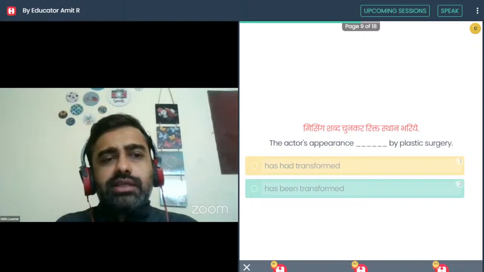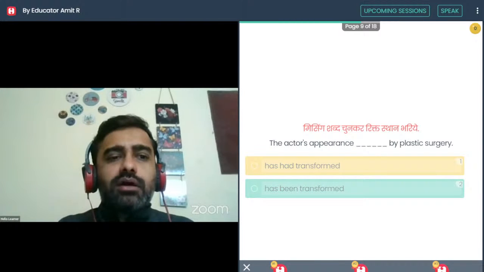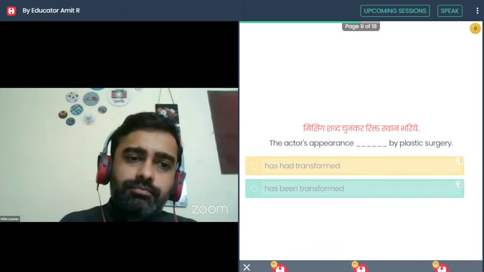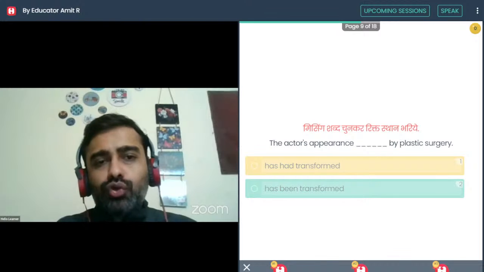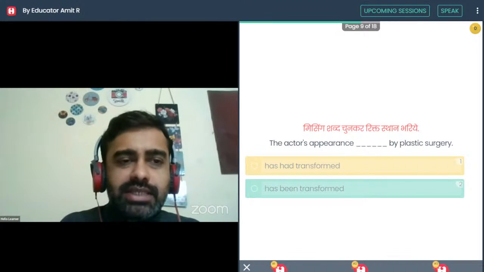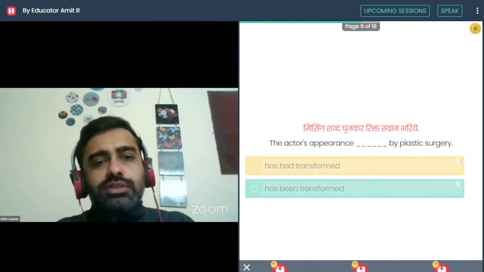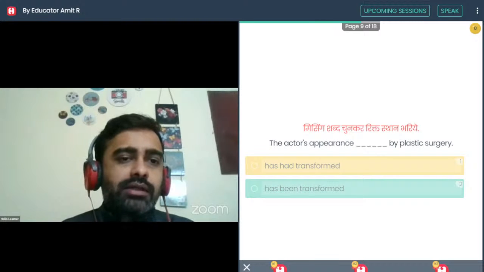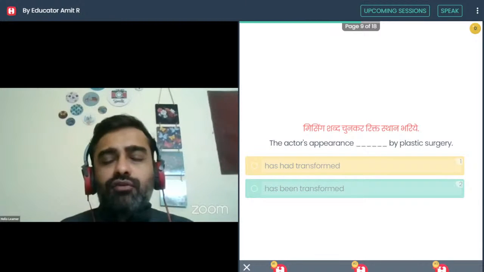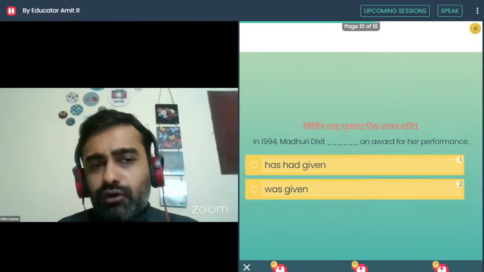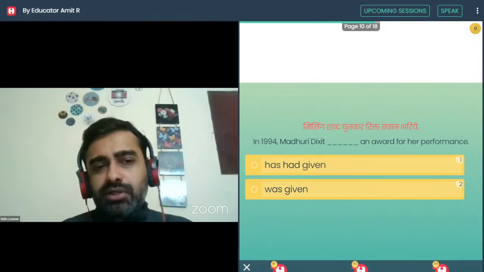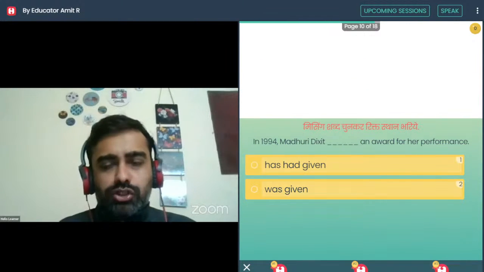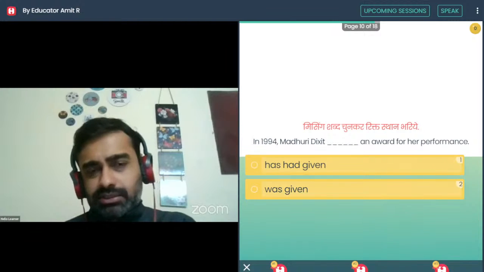Basically, we can say the actor has had his appearance transformed by plastic surgery. That is also another way of rephrasing the sentence. You can say that, but here it's given in a straightforward manner. The actor's appearance has been transformed. What has been transformed is the actor's appearance. By what? Caused by what? Caused by the plastic surgery.